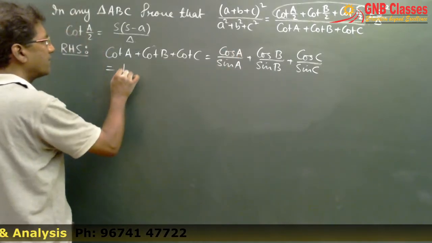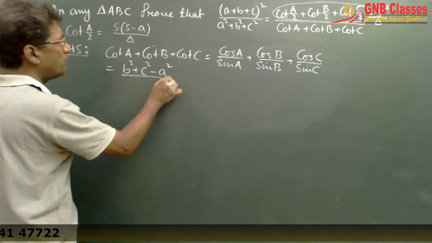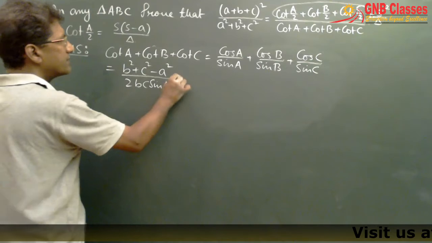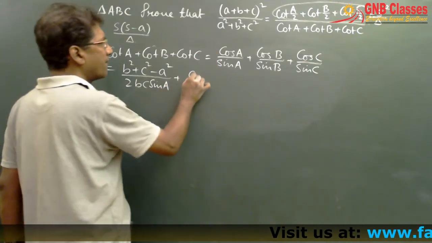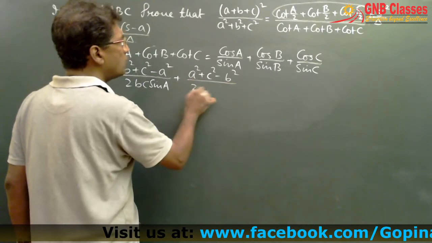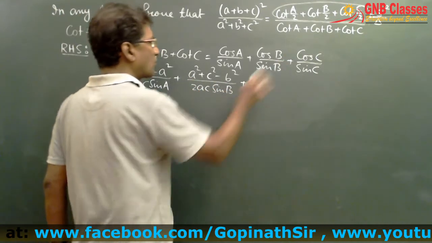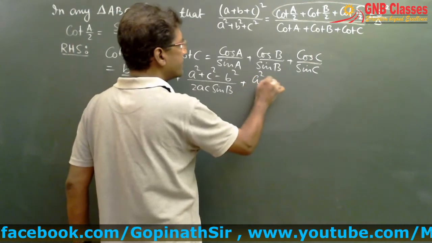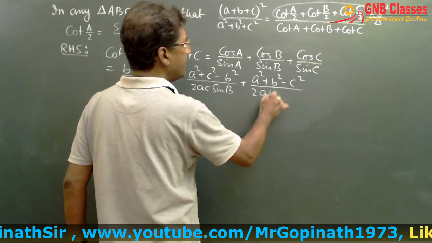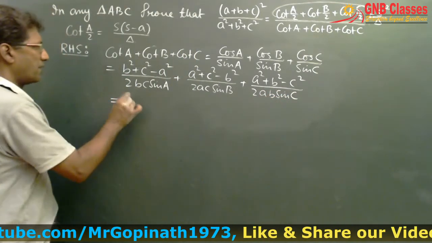What is cos A? B square plus C square minus A square divided by 2BC. Similarly, for cos B, we are going to get A square plus C square minus B square divided by 2AC sine B. And for cos C, we are going to get A square plus B square minus C square divided by 2AB sine C.